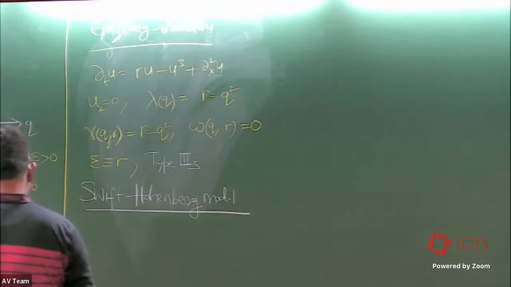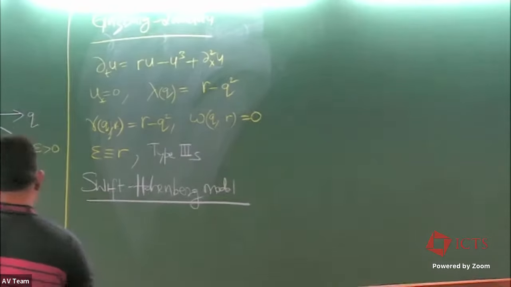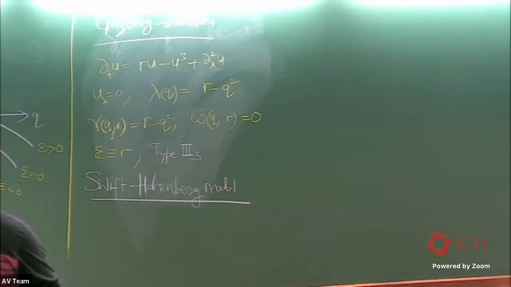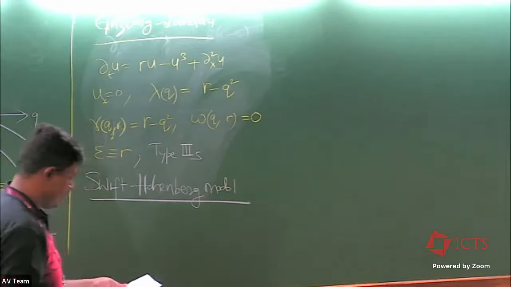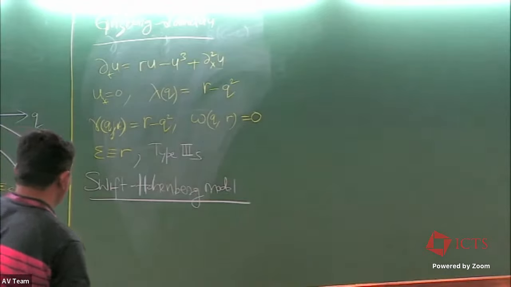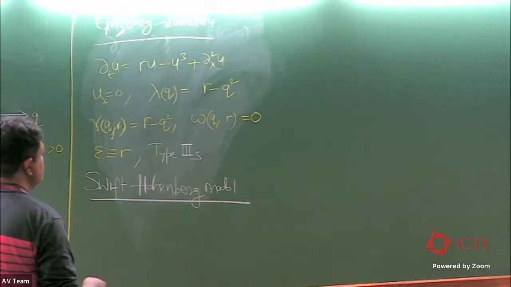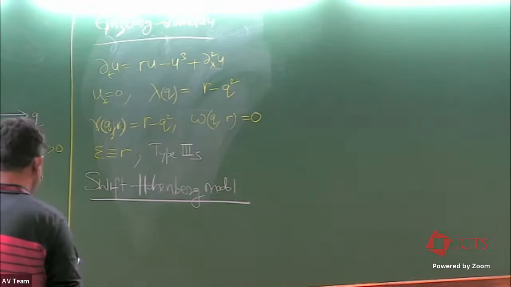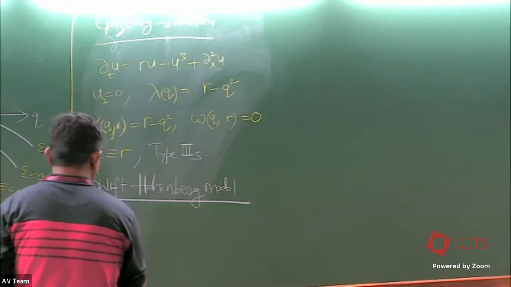The Swift-Hohenberg model is a simplified version for understanding, for example, the Rayleigh-Bénard instability in convection. I refer you to the original paper, PRA 77, I don't remember the exact reference, where you can take the original Rayleigh-Bénard system, rewrite it, and show that this is the dominant model that captures everything.